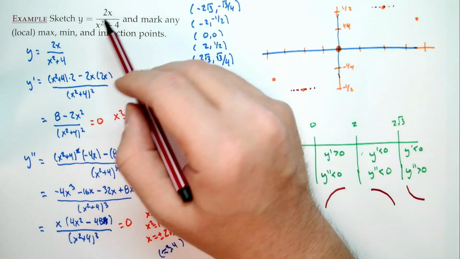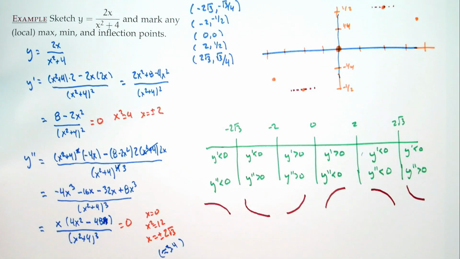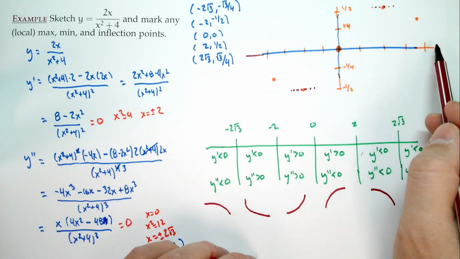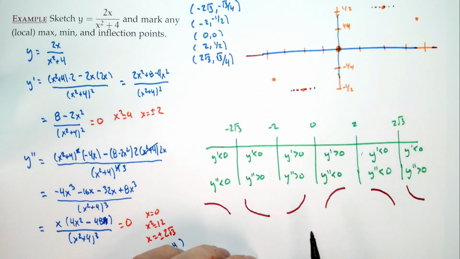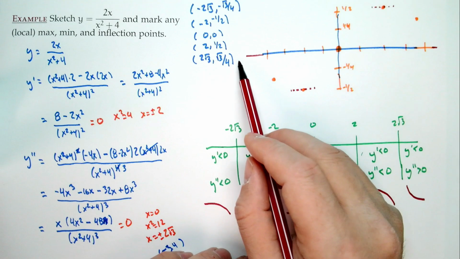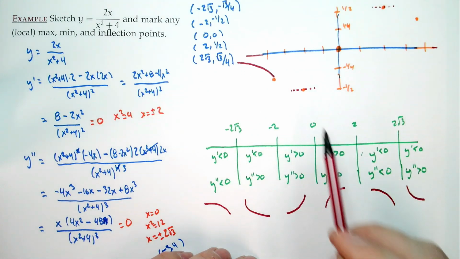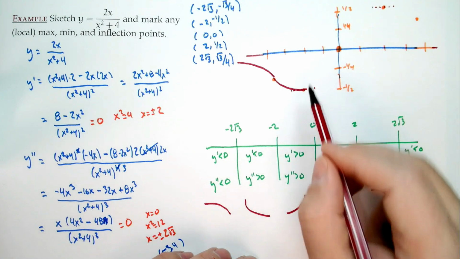The other thing is, asymptotically, 2x over x squared plus 4, as x gets large, I'm going to have to approach this line. So for large x, I'm going to approach that line. So we now understand we're coming off here, we go down into that point, and then from here we come up into our place.